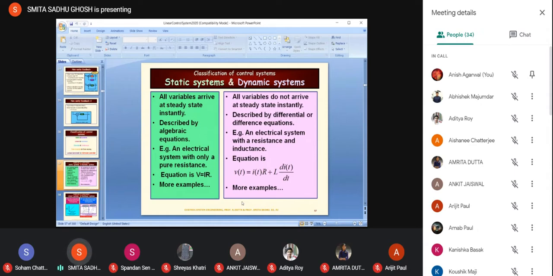For that matter, consider an amplifier in the electrical domain. You give a voltage input and the output is a multiplication factor multiplied by the input voltage and nothing else. So naturally, if you are considering only the output to input portion of the amplifier as your example, in that case it is going to be a static system.